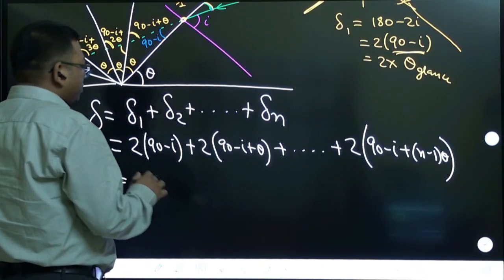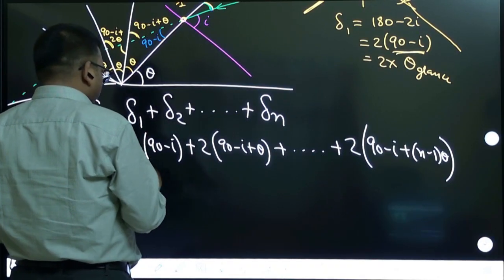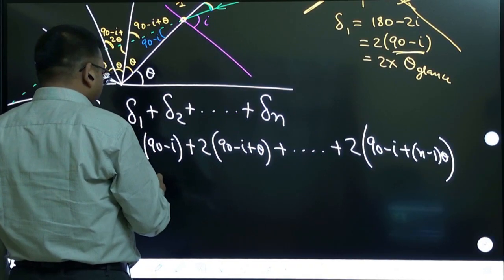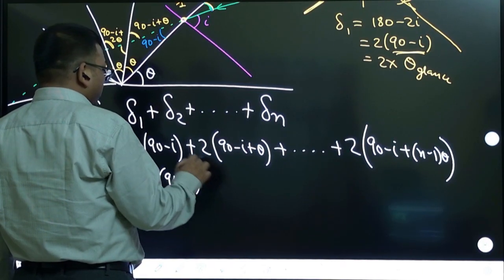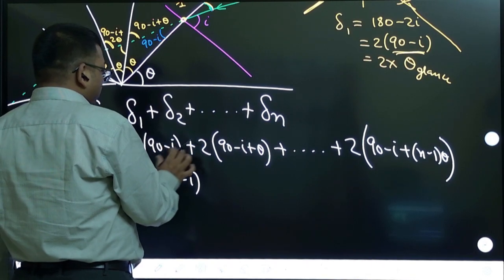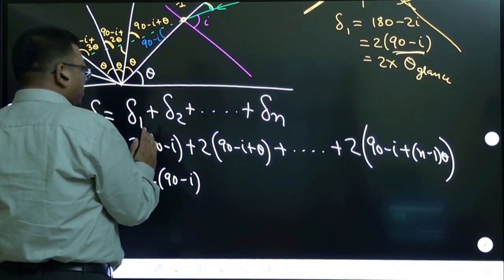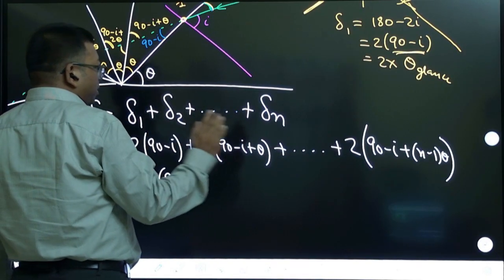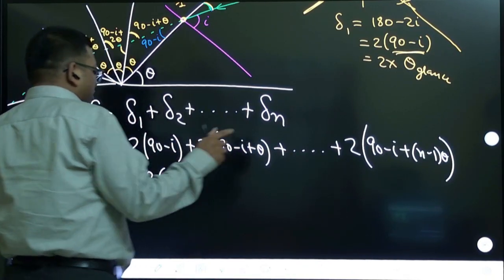To get the arithmetic progression, you can open this and take 2 common. So 2 times (90 minus i) is taken common: 2(90 minus i), 2(90 minus i), 2(90 minus i), starting from here up to the (n minus 1)th term. So this is like the 0th term, then like that. How many times will it come?